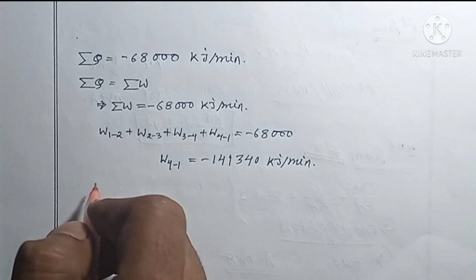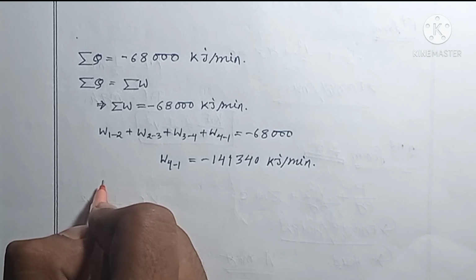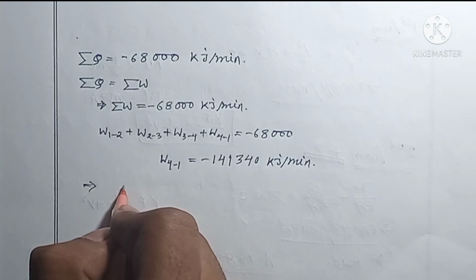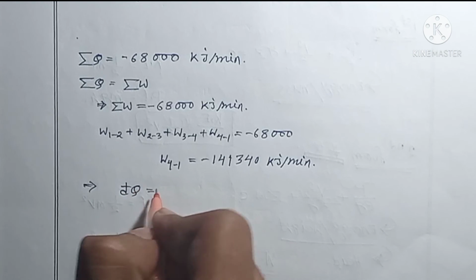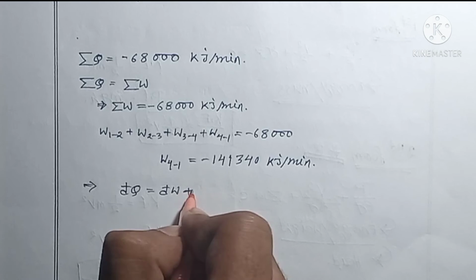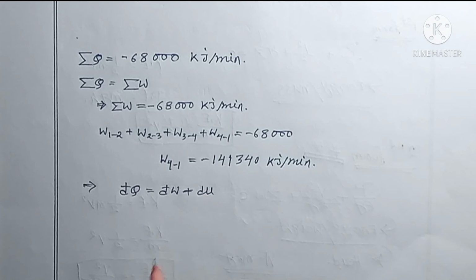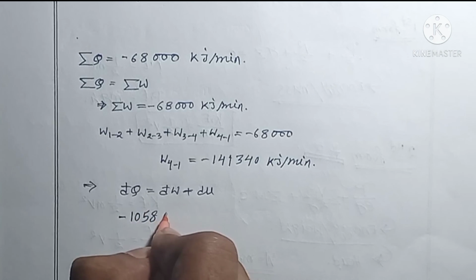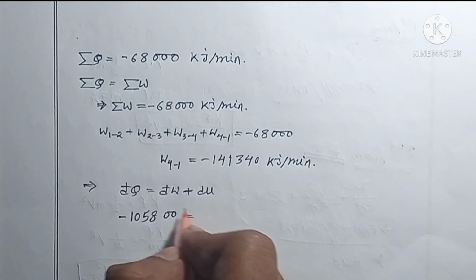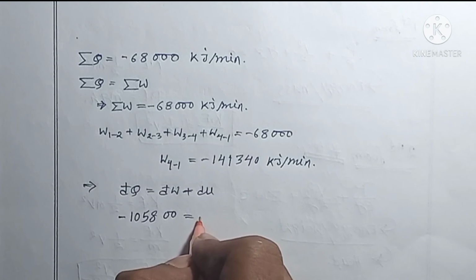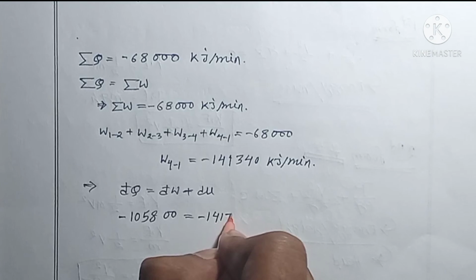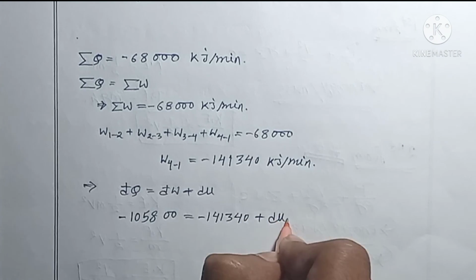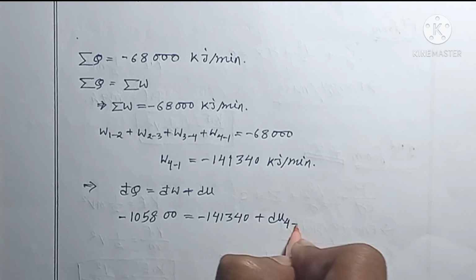Okay, now up to now we have found out for process 421 Q41 and W41. Simply again we can use the equation which we use for a simple process or change of state, that change in heat dQ is equal to change in W plus change in internal energy. Okay, so dQ we get minus 10580, and in work interaction we are getting minus 141,340, and change in internal energy is basically for process 421.